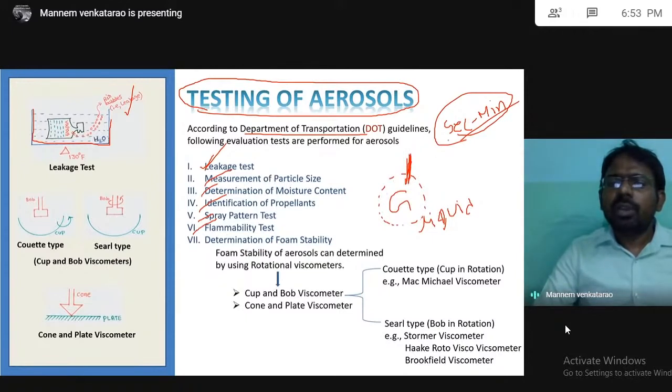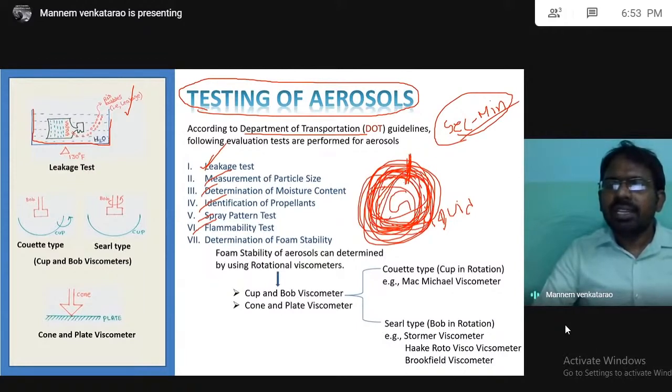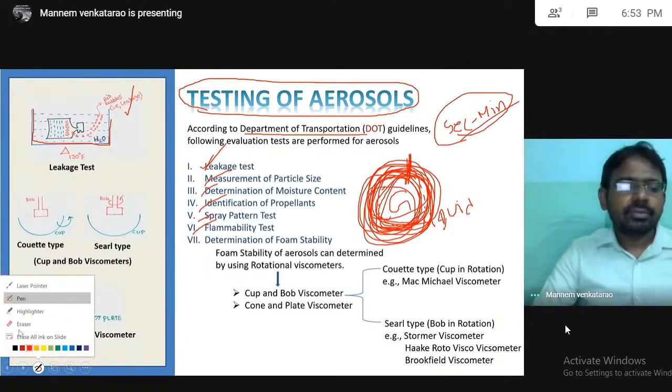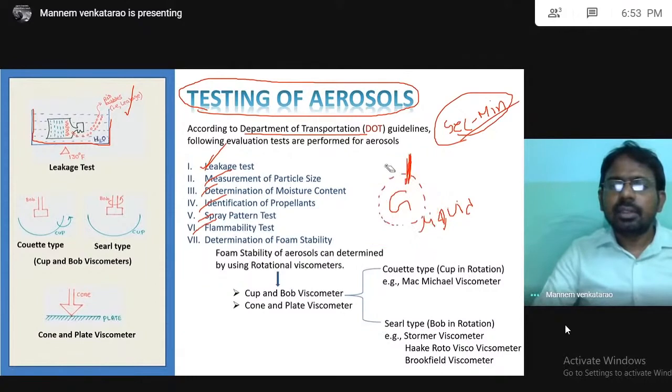Measurement of time is difficult, but we know that as the viscosity of this liquid film increases, meaning the thickness of the liquid film increases, the time required to break the foam also increases. If the viscosity of the liquid film decreases, the time required to break the foam also decreases.